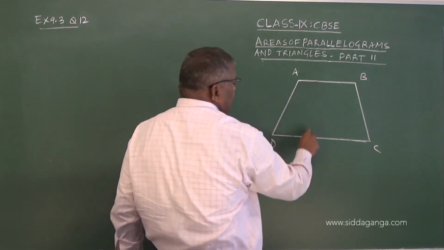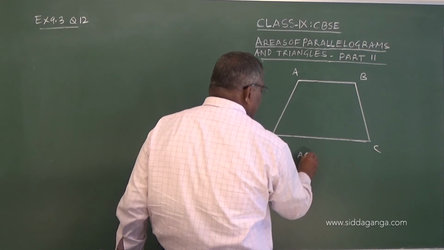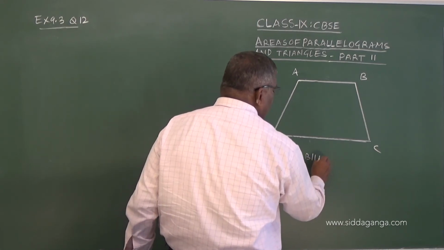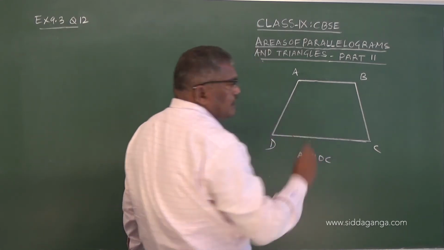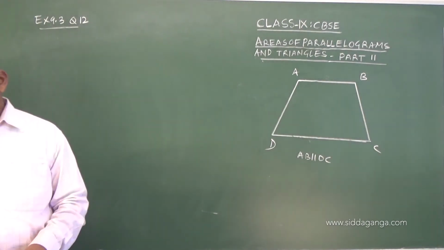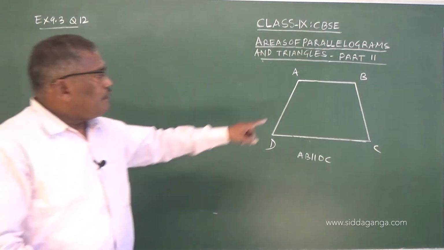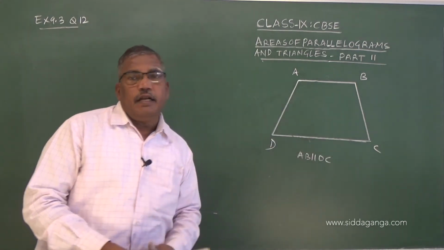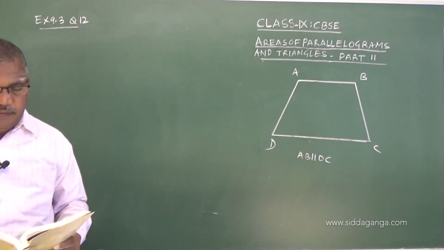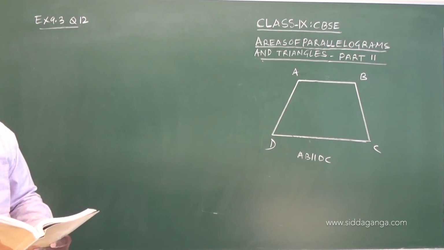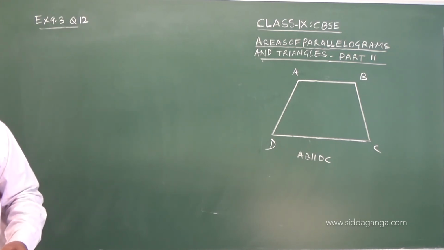So these two are parallel, AB is parallel to DC, that is why it is a trapezium. So primary condition is one of the opposite pairs must be parallel. A line parallel to AC intersect AB at X.